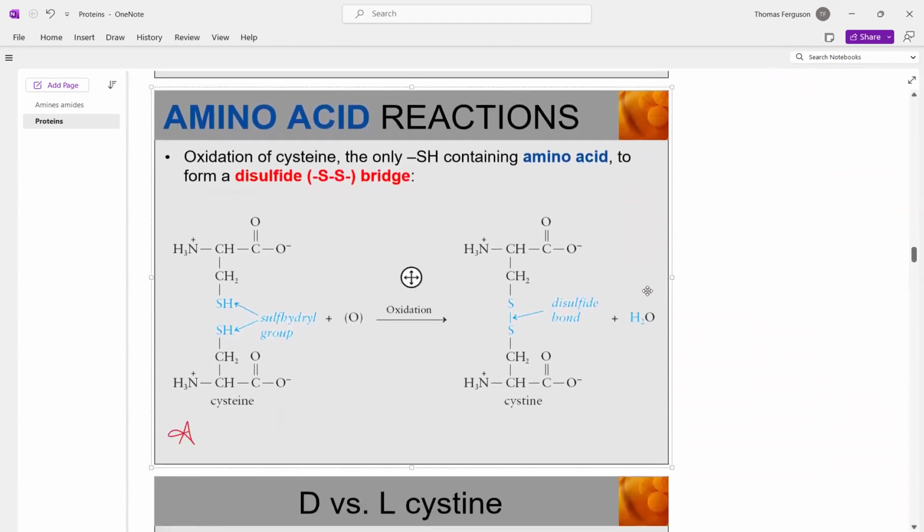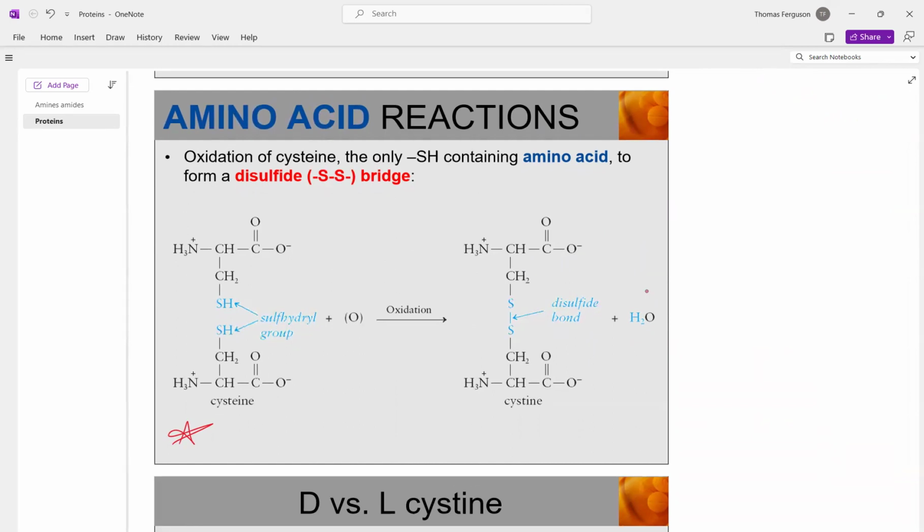Again, another real important reaction. This is with, again, the cysteine amino acid. Now, what happens is the SH group can bond with another SH group. You can attach one cysteine molecule to another cysteine molecule, and you'll end up with a cystine molecule.